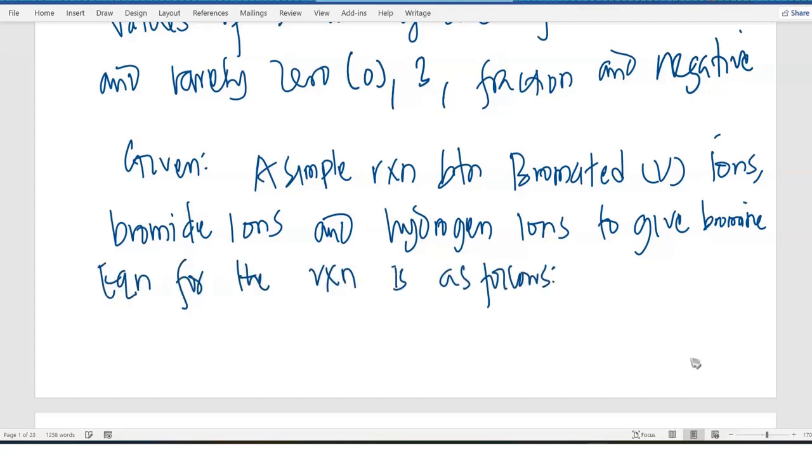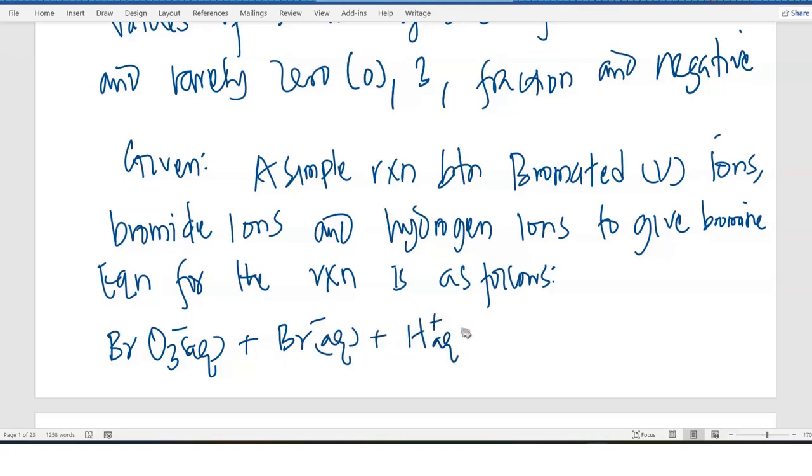So we can have the bromate(V) in aqueous form plus bromide ions plus hydrogen ions, giving us bromine plus water.